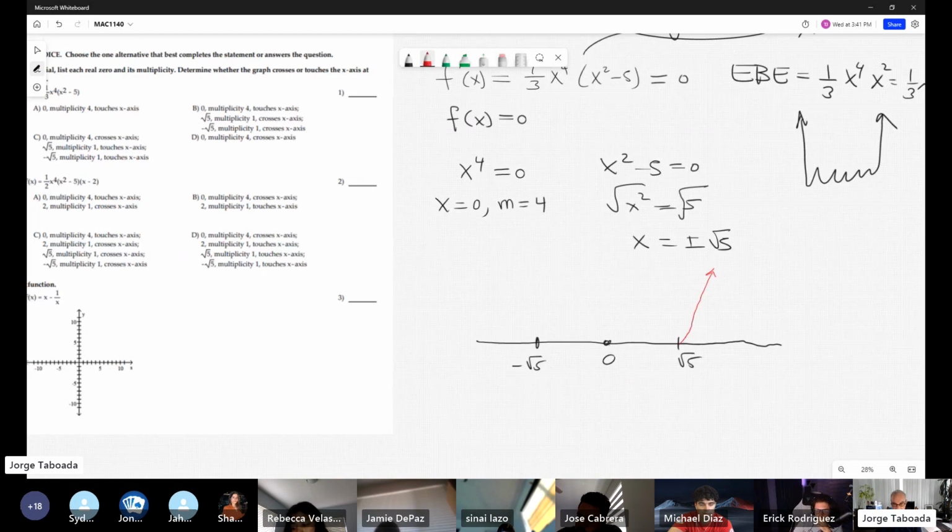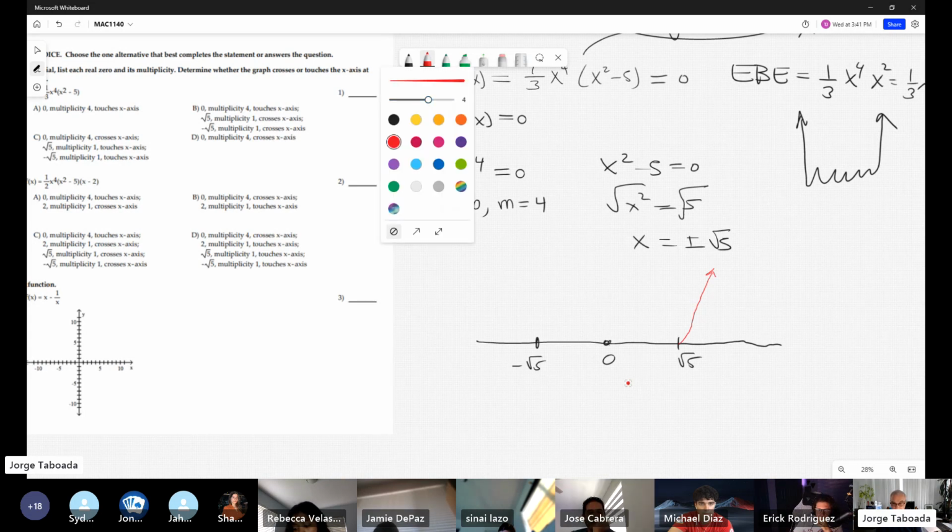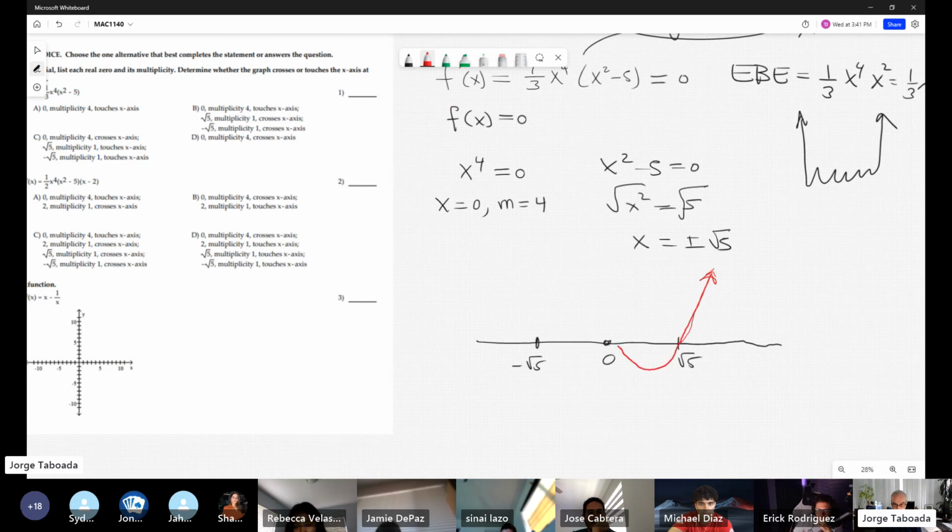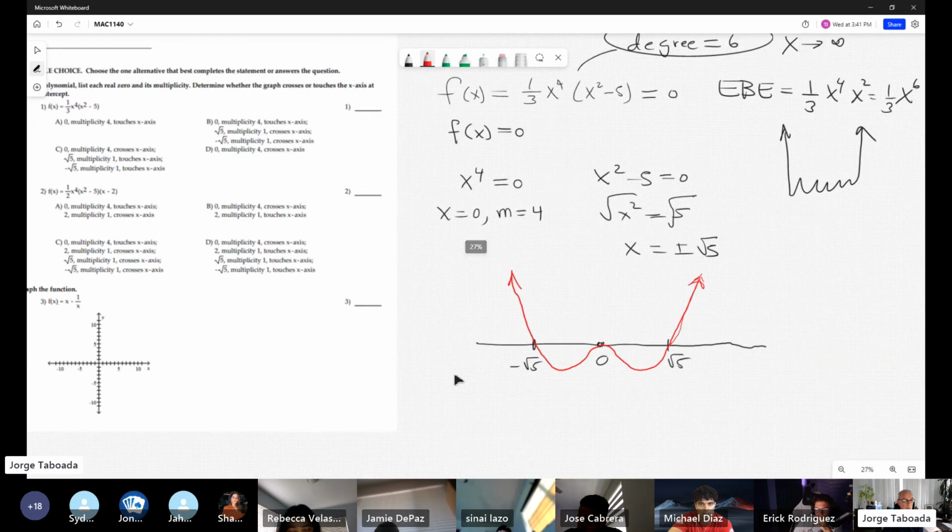Cross it. Let me try to use another. Yeah. Cross it. A smooth touch and a smooth cross. This is obvious, in my opinion, that 0 with multiplicity 4 touches.